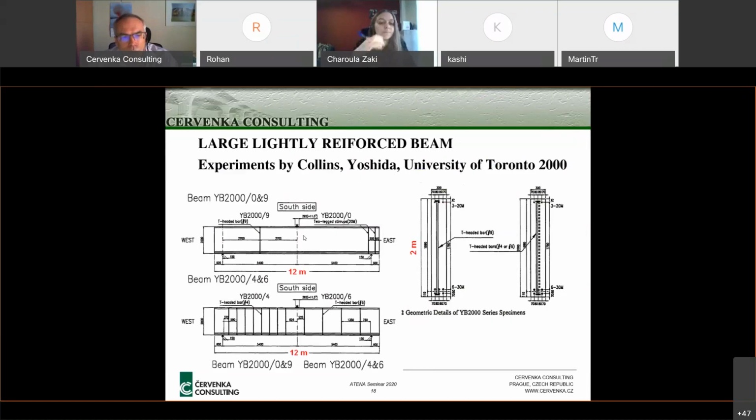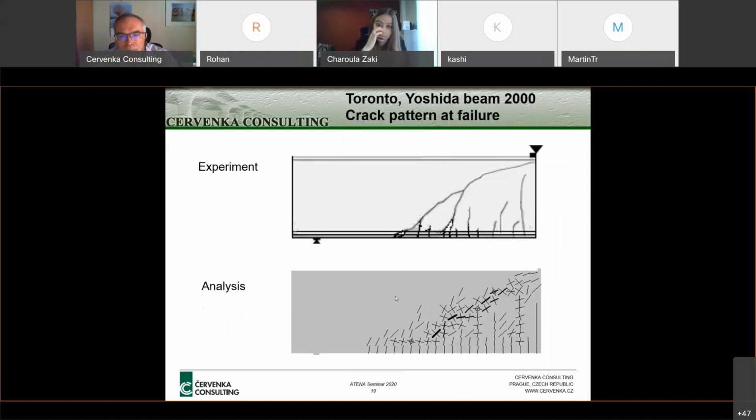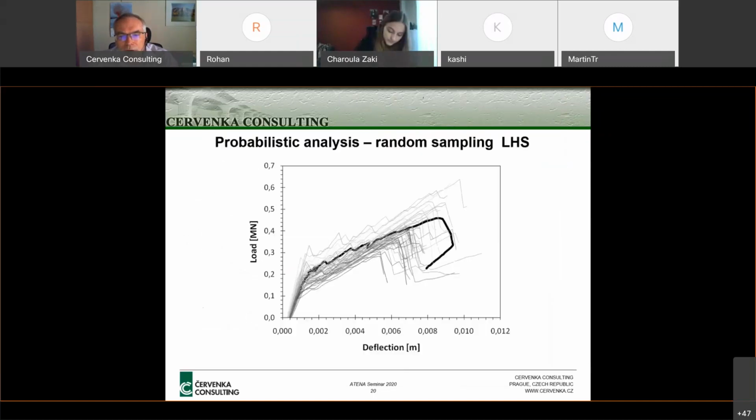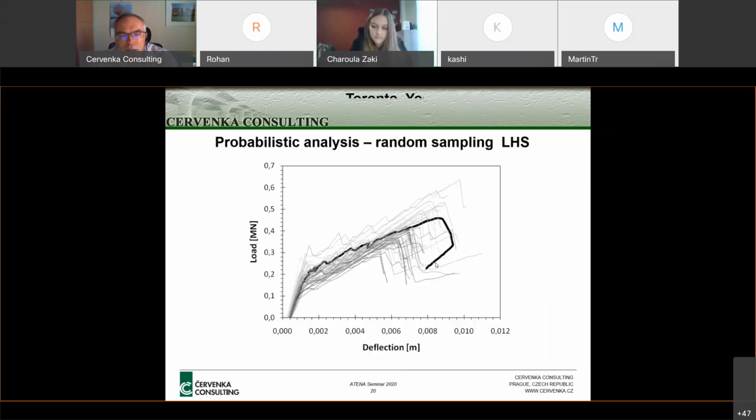One example is these reinforced beams without shear reinforcement or with some shear reinforcement, which is, let's say, the minimum level of reinforcement. This shows the experiment, one with reinforcement, one without shear reinforcement, I mean. Typical crack pattern from the experiment and from finite element analysis.